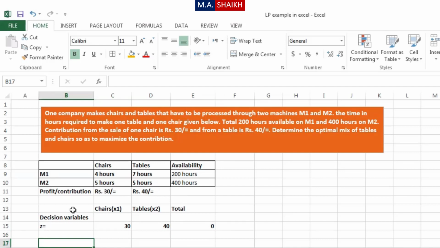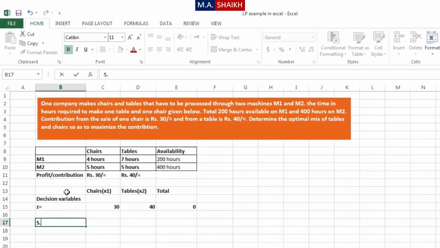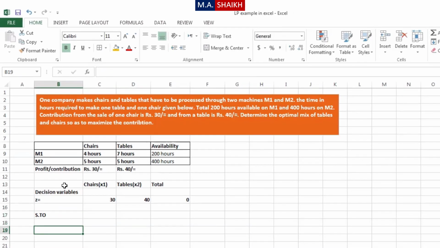Then go to constraints, subject to the total time on M1 and M2. On M1, the total time for chairs and tables: how to write it? 4 and 7, and here 5 and 5.